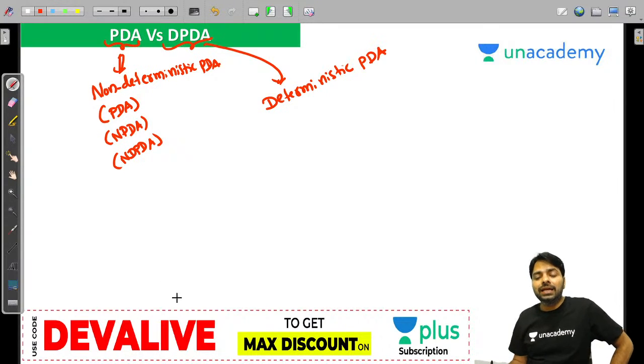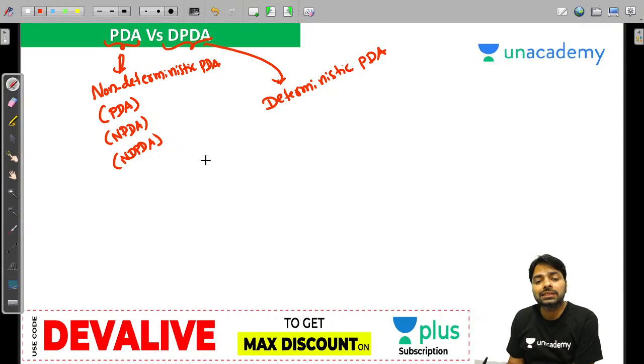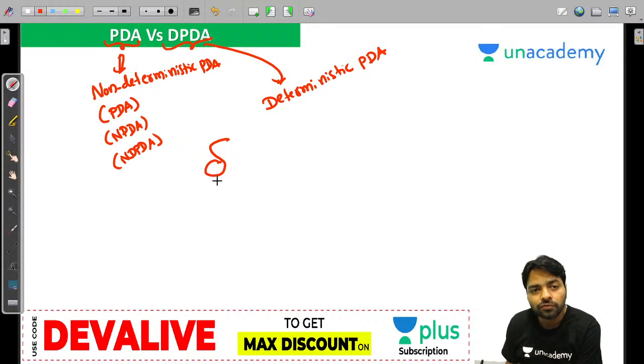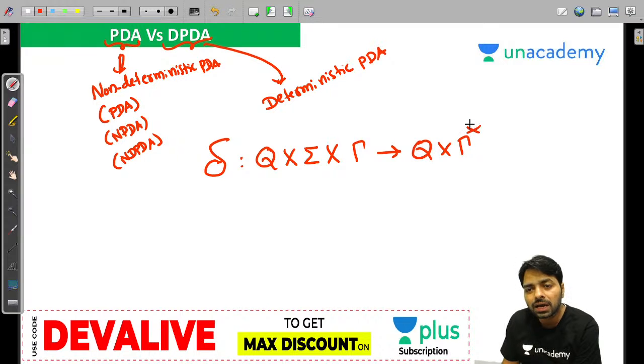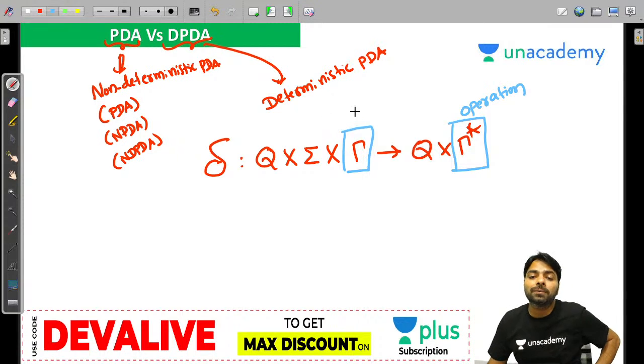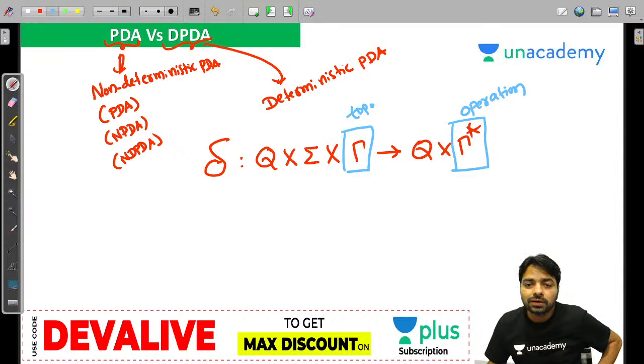But here if you look at the relation, the delta for a deterministic machine: Q cross sigma cross gamma, you will get Q cross gamma star. Additionally, two parameters are there. Here this represents the top of the stack, and this represents the operation. To understand the operation you are going to perform, you need to look at the right side. What top of the stack you are going to look at, all the top of the stack symbols are there in the gamma.